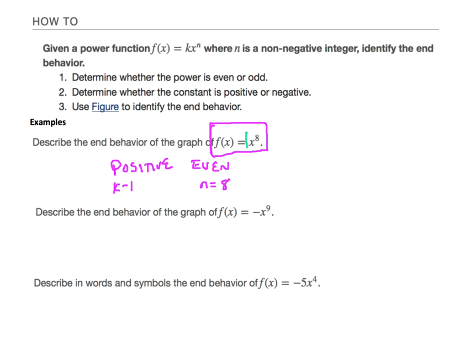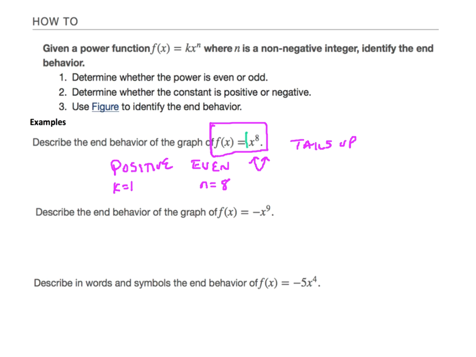Actually, I should say k equals 1 there, and n equals 8. So this is a positive even. So I should think of the positive quadratic, and this is going to be tails up.